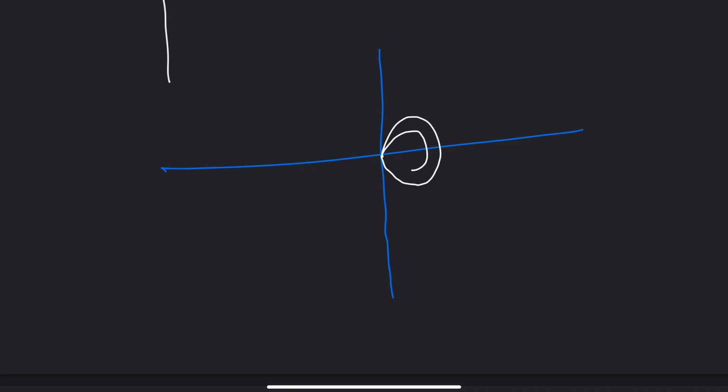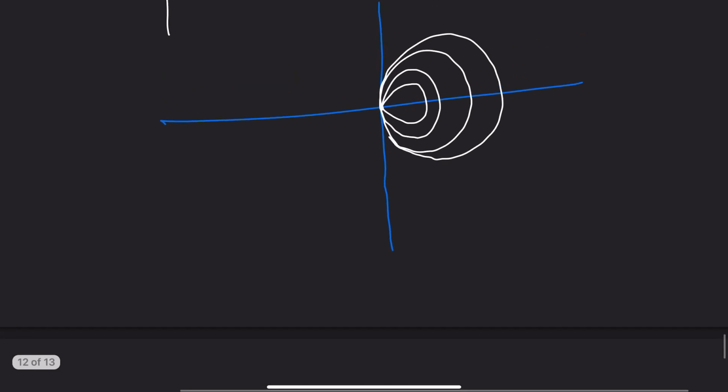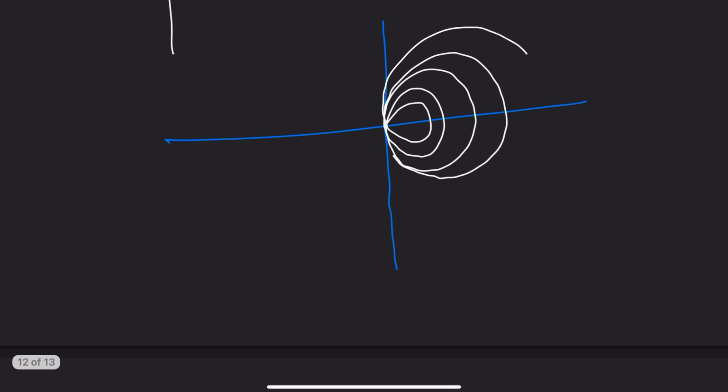This, and I think it will not terminate. Like that also. So there are infinitely many circles. We can take different radii and make a circle passing through the origin. So the possibilities of radius are infinite. That means circles are also infinite.